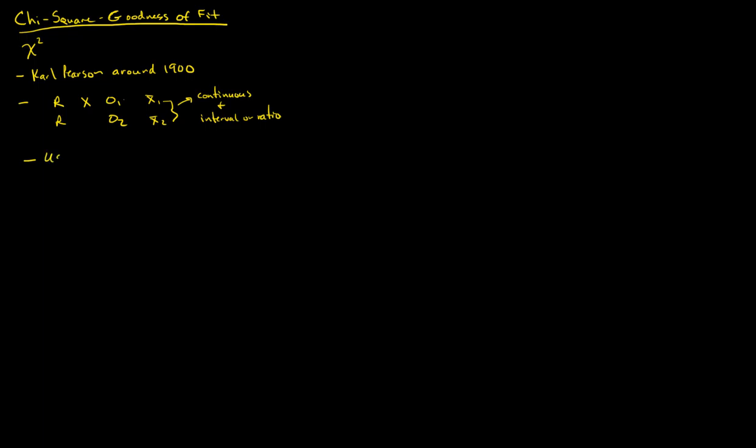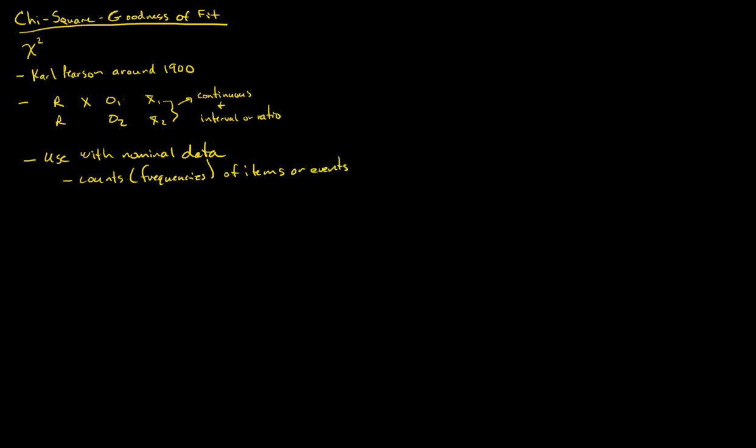So you're going to use it with nominal data. And what we're really going to be using with nominal data is counts, right? Counts or frequencies of items or events. This will become more intuitive as we go along.